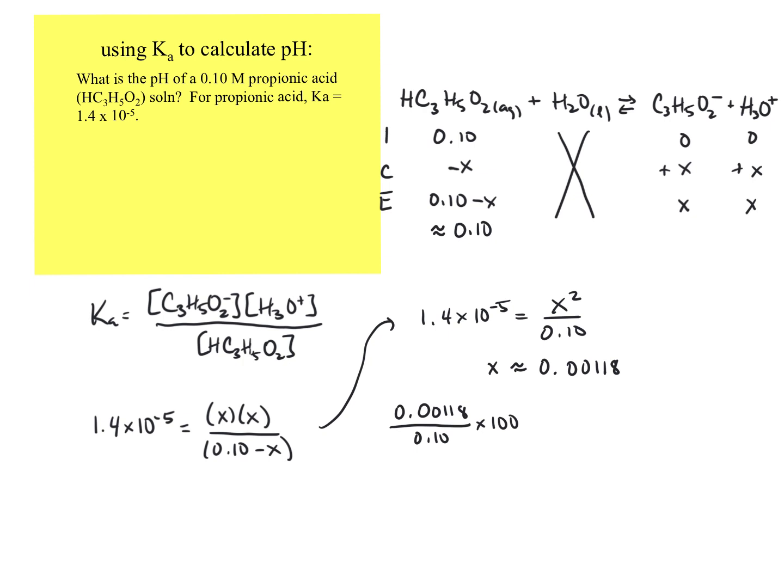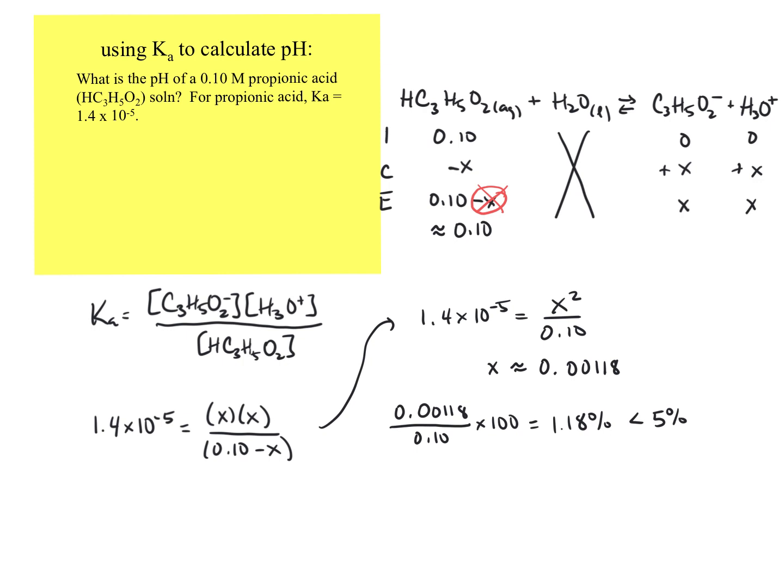When you do that, you get roughly 1.18%, and that's less than 5%. So we can conclude that our assumption is okay, and we can go ahead and ignore that value of minus X on the 0.1.